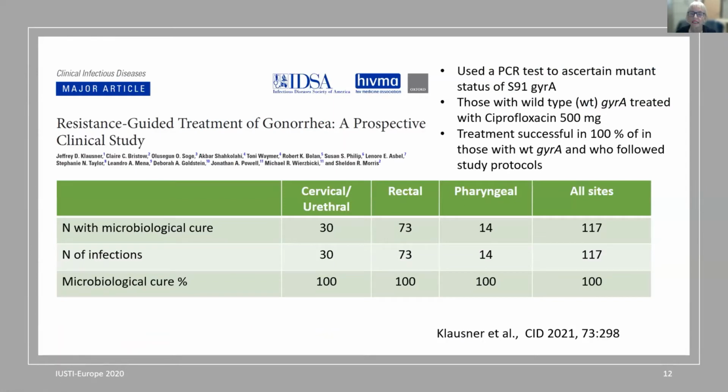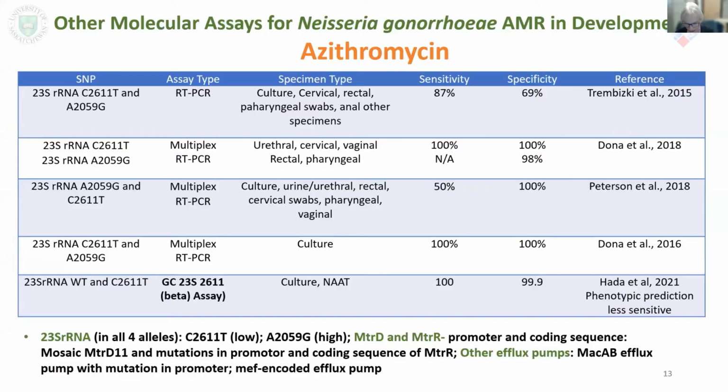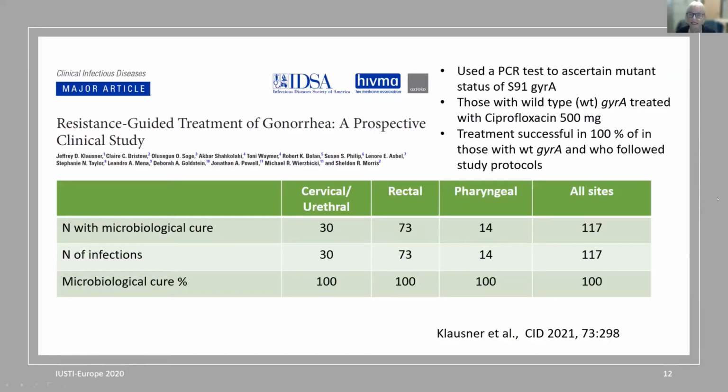So this knowledge has been used to develop resistance-guided treatment. This was done by Jeff Klausner's group, who used a PCR test to ascertain the mutant status of S91.